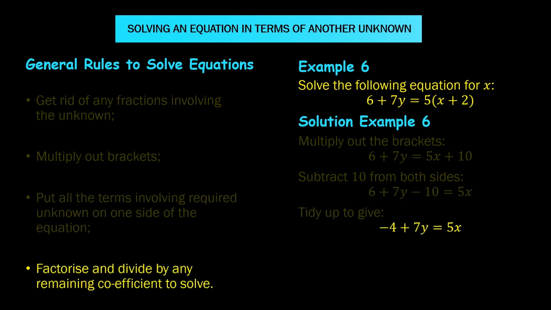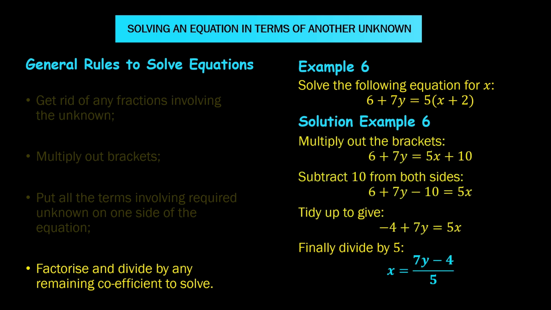And finally we factorize and divide by any remaining coefficient to solve. So of course we need to divide by 5 since we need to isolate the x on the right hand side. And we have x equals (minus 4 plus 7y) divided by 5, which can of course be written as (7y minus 4) divided by 5.